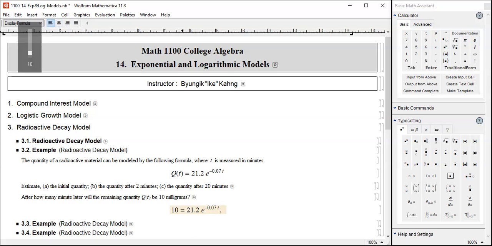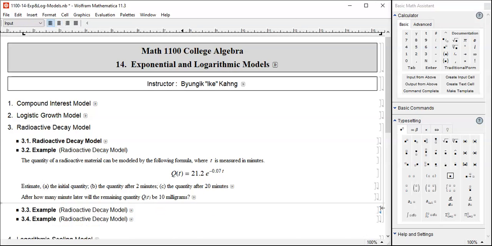Can you solve it? If you take the logarithm right now, it's not going to work because of this. So flip it over, then isolate the exponential, and then apply the logarithm. That's how you can do this kind of problem.